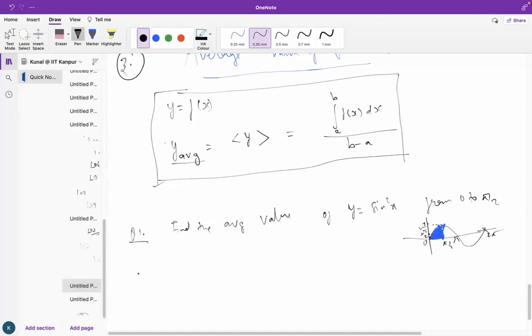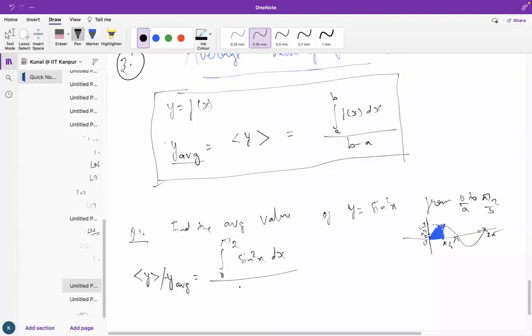Let me apply the formula. We can write y average. Note that our a is 0 and the b value is pi by 2. So our y average is the integral from 0 to pi by 2 of sine square x dx, divided by b minus a.